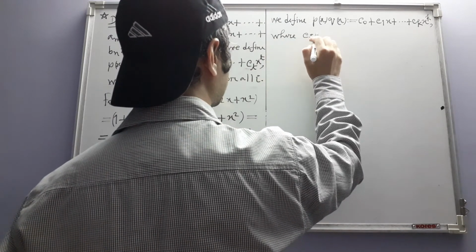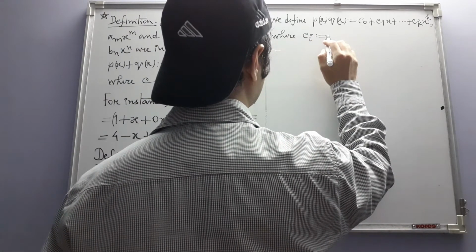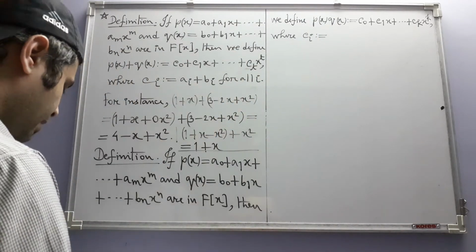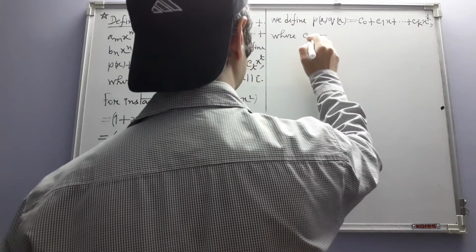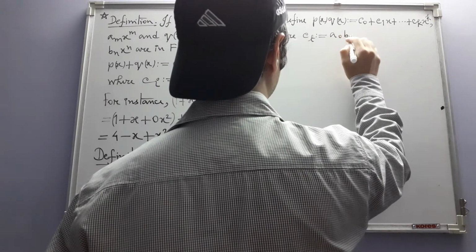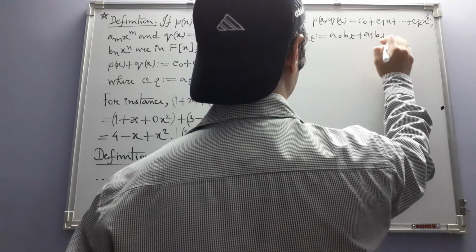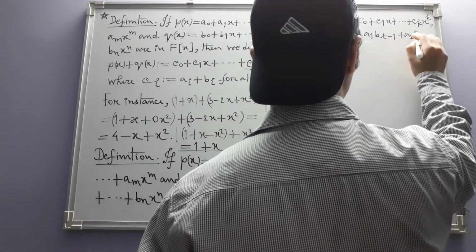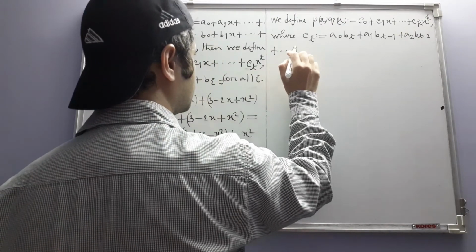Where ci, now the expression for ci is a little more difficult than the expression for ci in addition, and the expression for ct they have taken is a naught b t plus a1 b t minus 1 plus a2 b t minus 2. It will go like this.